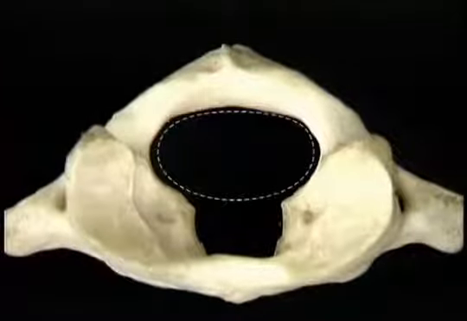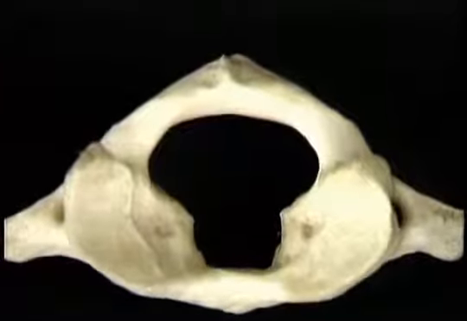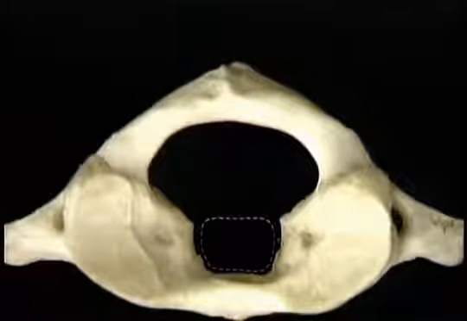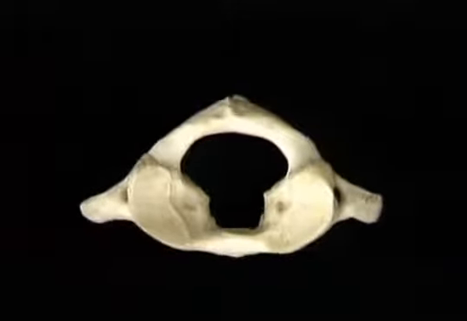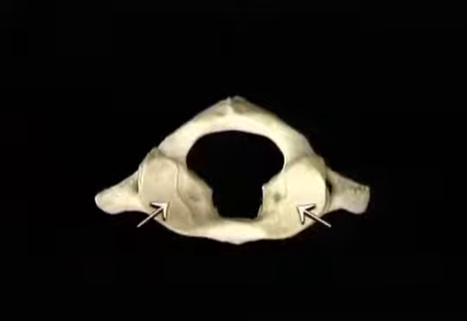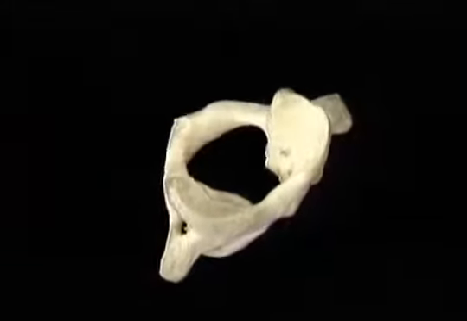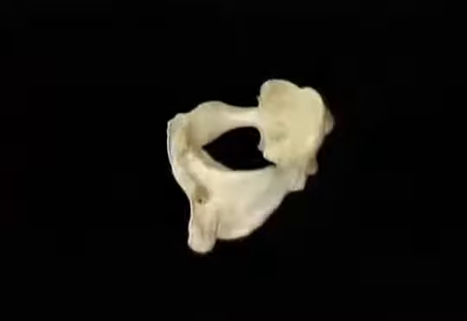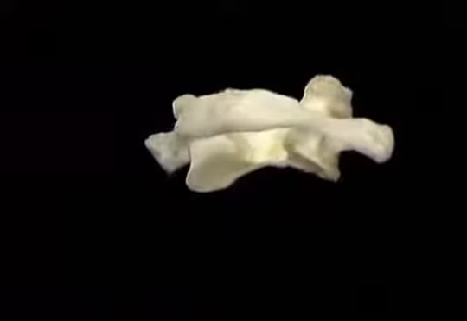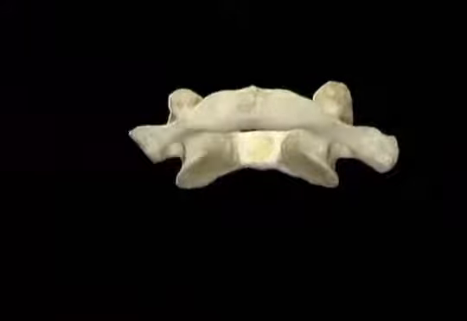This part is occupied by the spinal cord, this part by the odontoid process of the axis, which we'll meet in a moment. The upper articular surfaces of the atlas are shaped like parts of the inside of a cup, to match the shape of the occipital condyles. The lower articular surfaces of the atlas are shaped like parts of the inside of a cone.